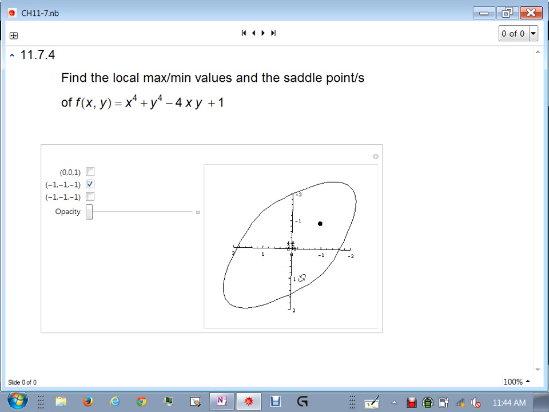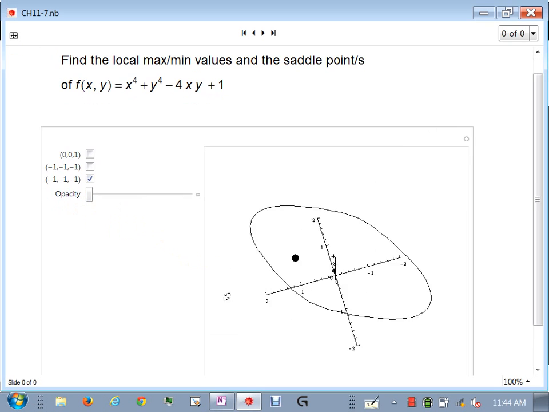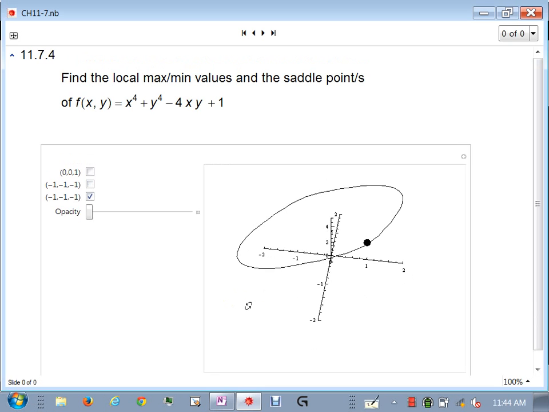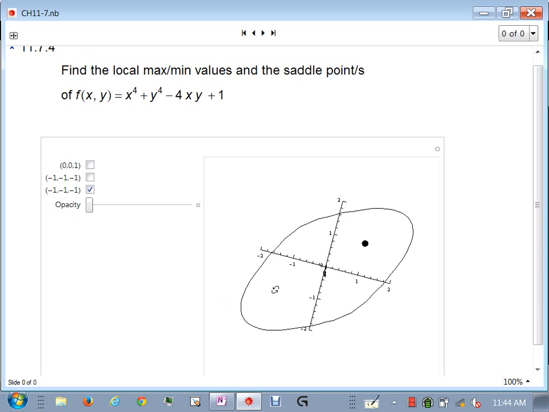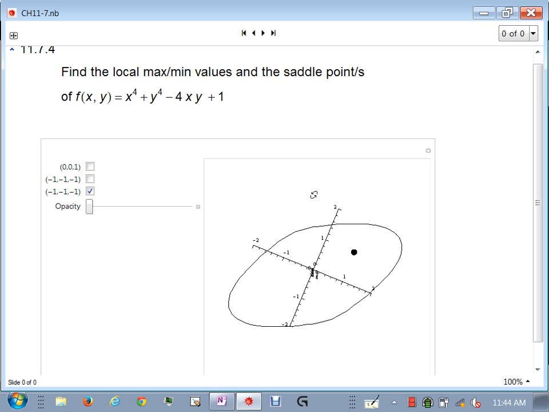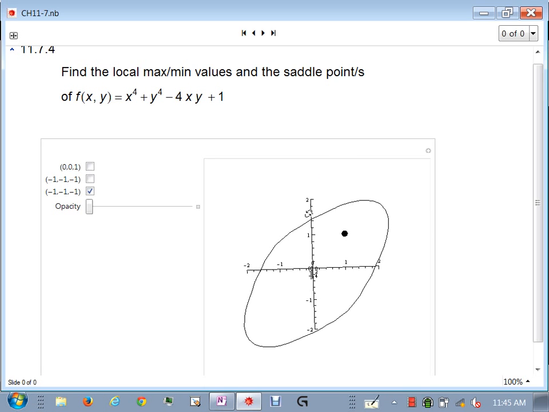So if we go... my graph's all turned around. Okay, now looking from the top. It may not let me. Okay, there we go.